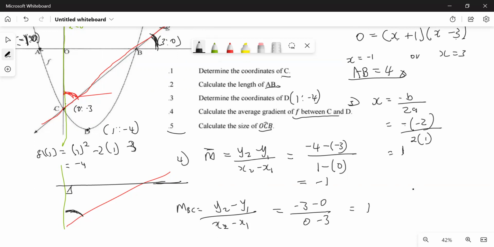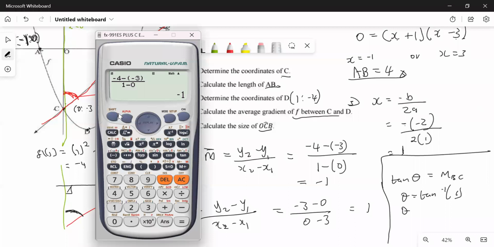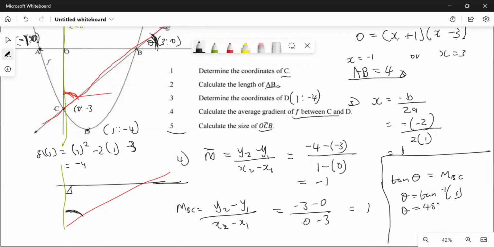Then you're going to use the fact that the angle of inclination can be calculated using tan. We'll call this angle theta because they didn't say anything. So tan theta is going to be equal to M of BC. Then theta is equal to the arc tan of 1. In your calculator, you say shift tan and then 1, it's going to give you 45. So theta is going to be equal to 45.